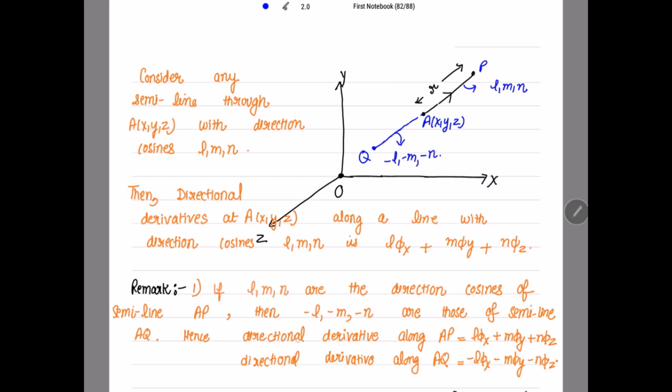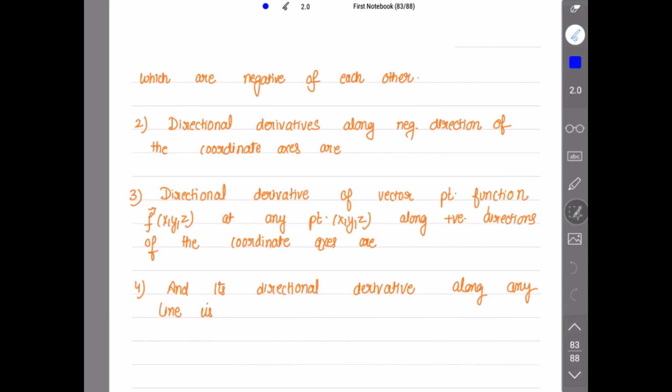Hence, the directional derivative along AP is L phi x plus M phi y plus N phi z. The directional derivative along AQ will be minus L phi x minus M phi y minus N phi z, which are negative of each other. Just keep this in mind.